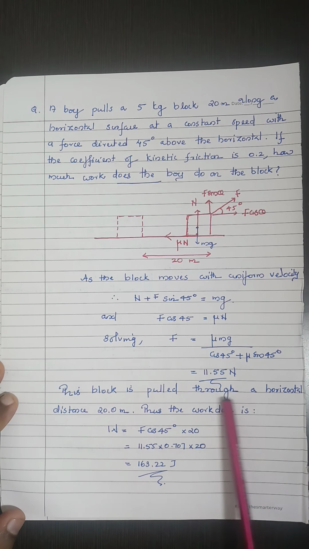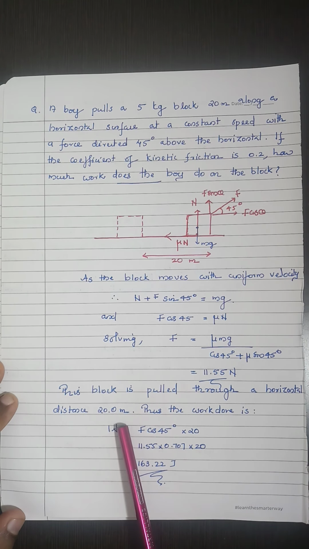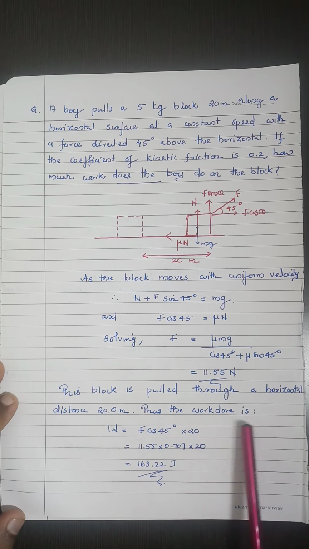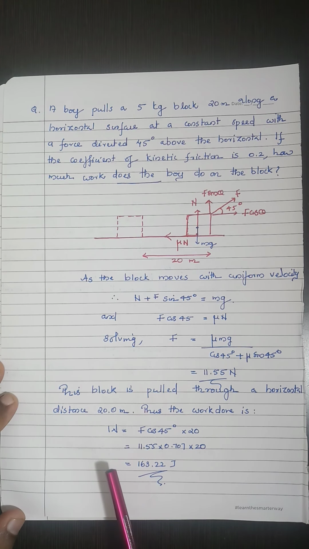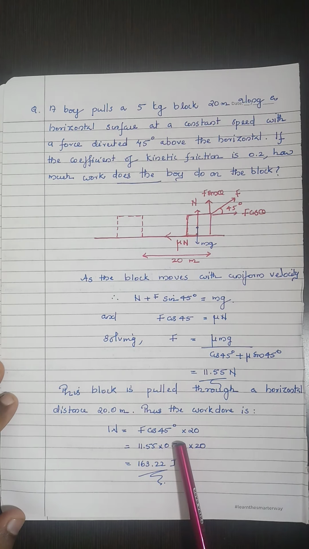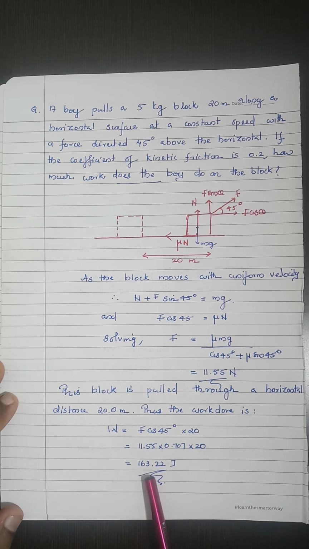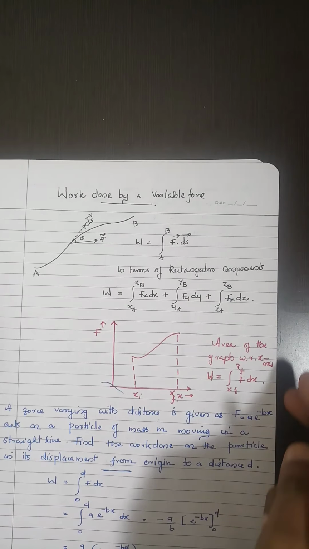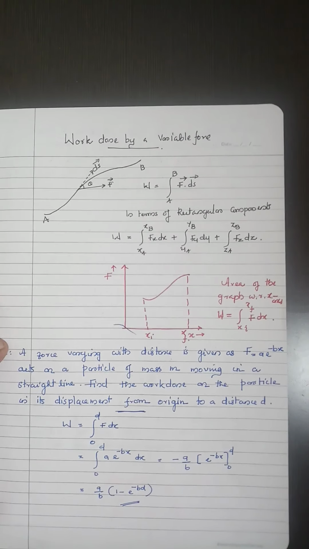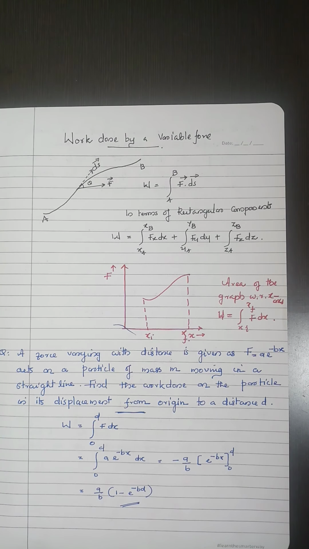And this block is pulled through a horizontal distance of 20 meters. So the work done by the force is equal to F cos 45 into 20. You get the answer 163.22 joule.